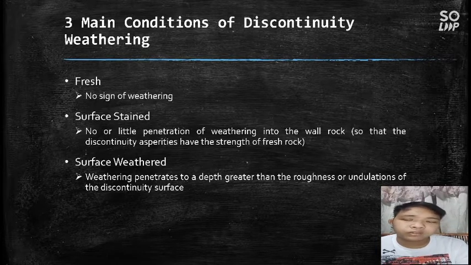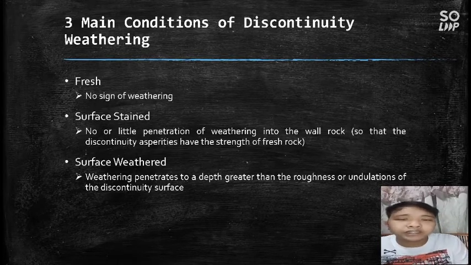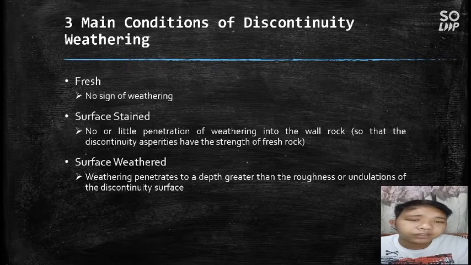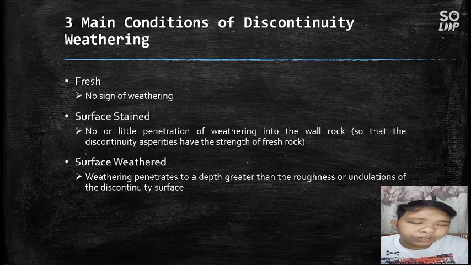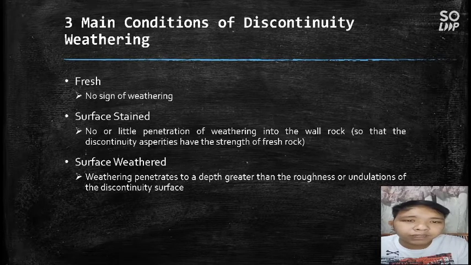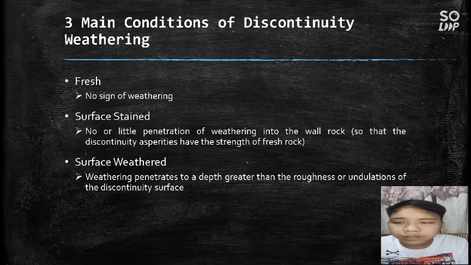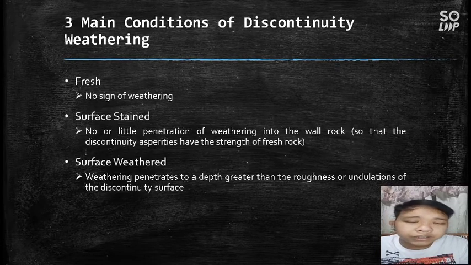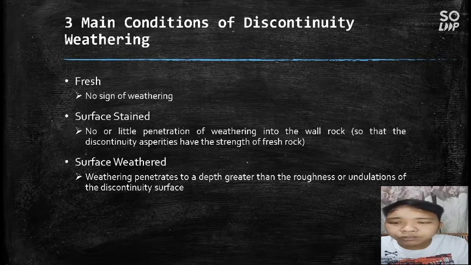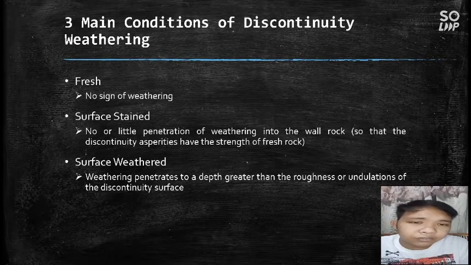So fresh is there is no sign of weathering found on the material, or in other words, the material is unaffected by weathering. Next is the surface stained, wherein there is no or little penetration of weathering into the wall rock, so that the discontinuity asperities have the strength of fresh rock.